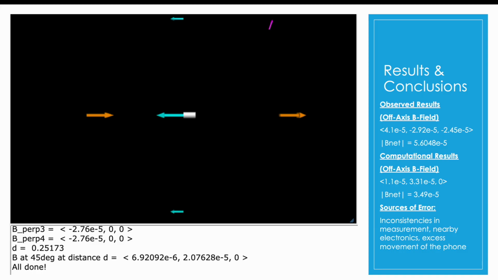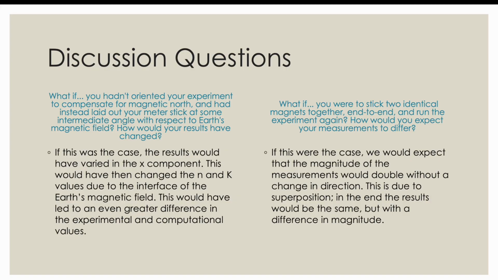Our observed results on off-axis B field is 4.1 e to the negative 5, negative 2.92 e to the negative 5, and negative 2.45 e to the negative 5. And that was a little different than our computational results. Our sources of errors could be inconsistencies in measurement, nearby electronics, or excess movement of the phone, all of which are very possible. And then our discussion questions.